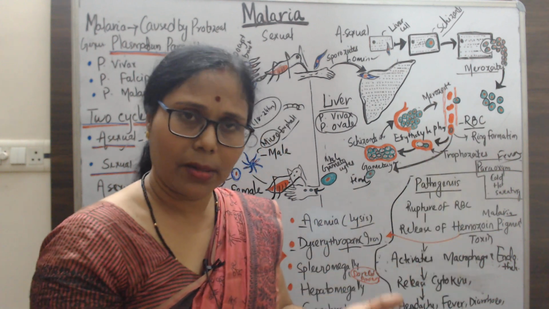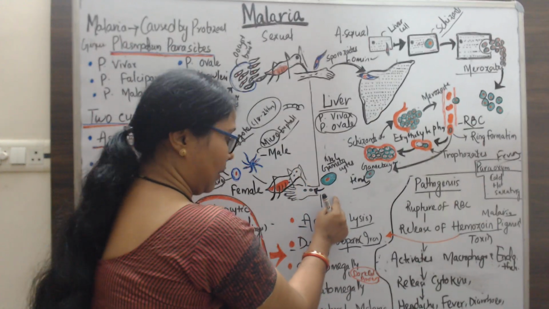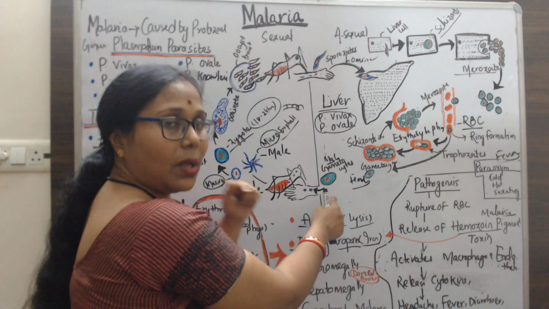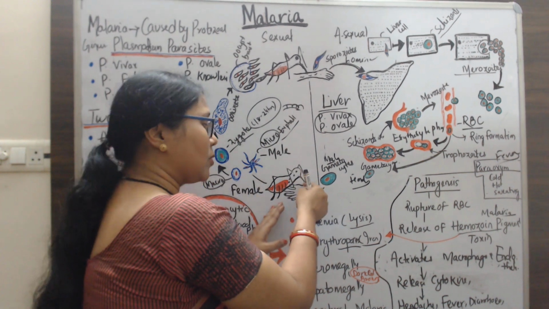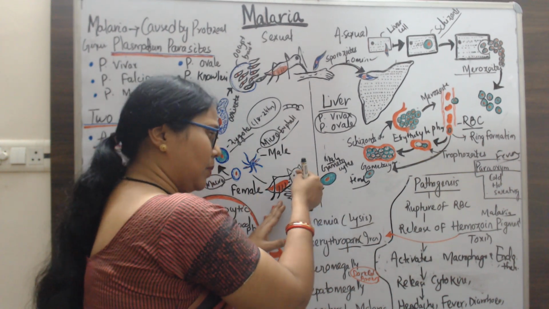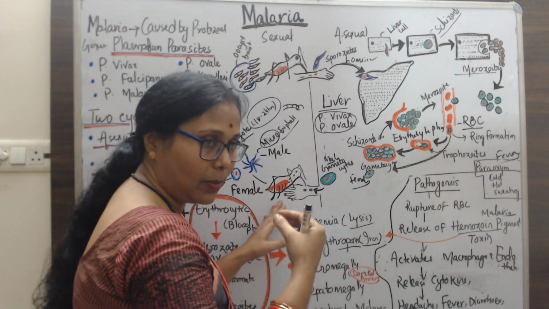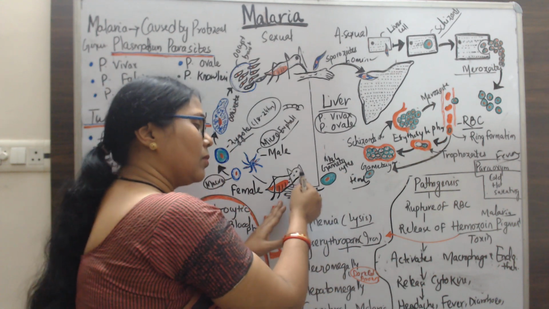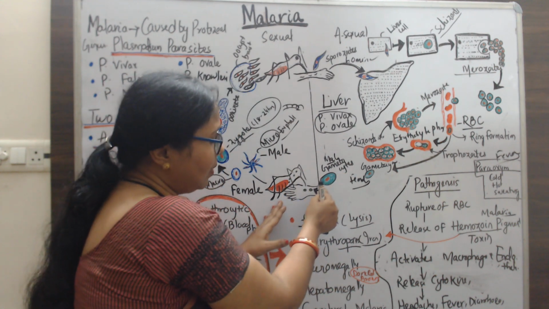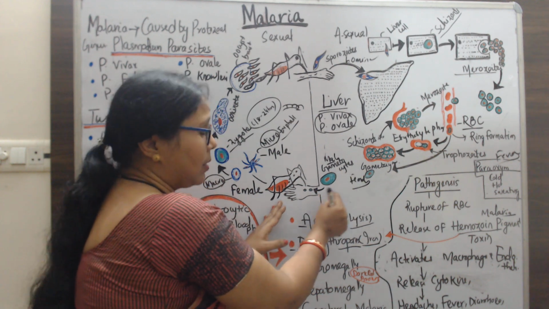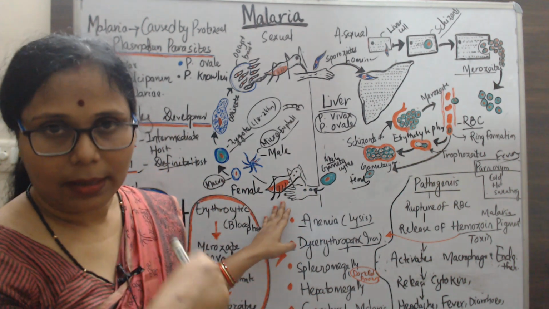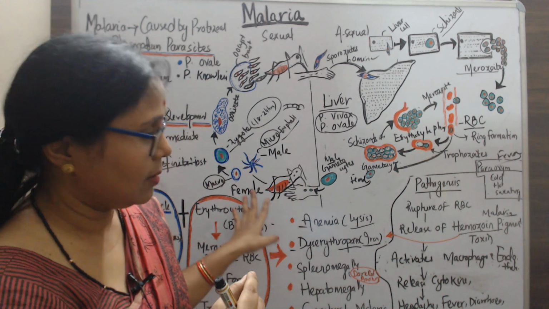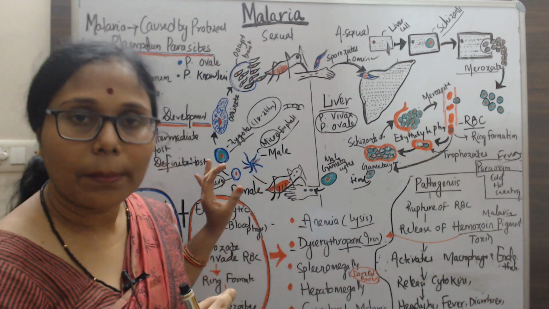During that time, if another female mosquito wants a blood meal and sucks our blood, then some of these gametocytes will enter the alimentary canal, the gut of the mosquito.